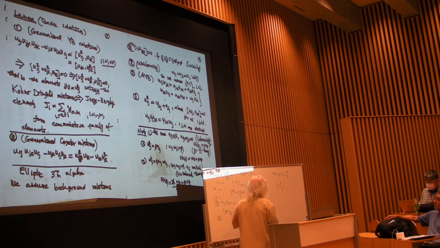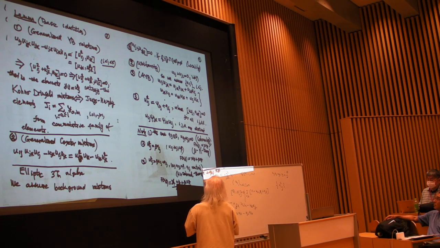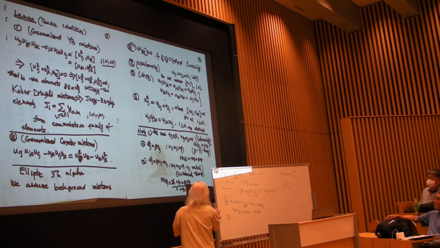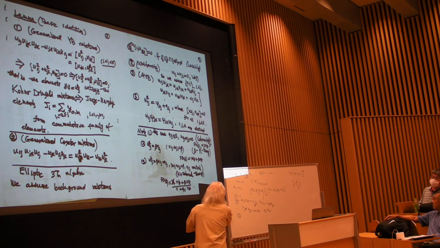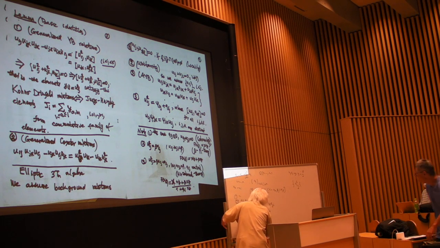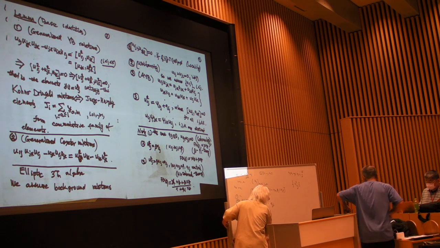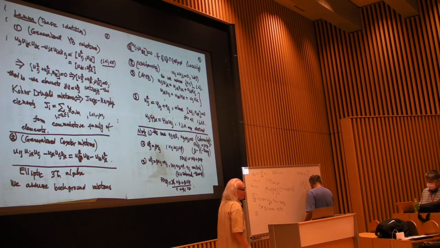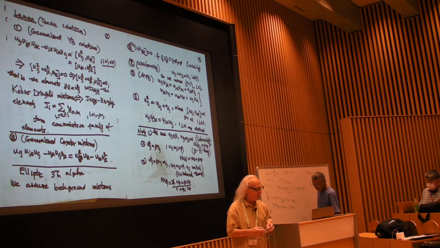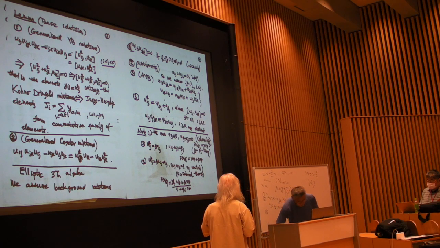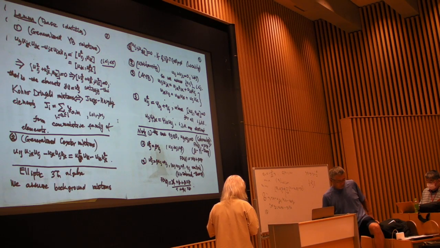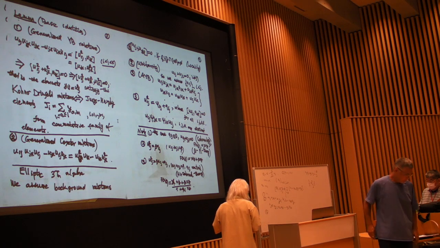Why is this element uij square important? Because first of all, it shows that the quantum Yang-Baxter equation should be replaced by the deformed Yang-Baxter equation.